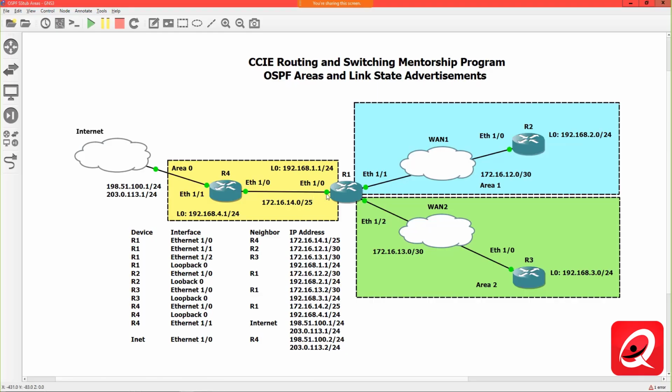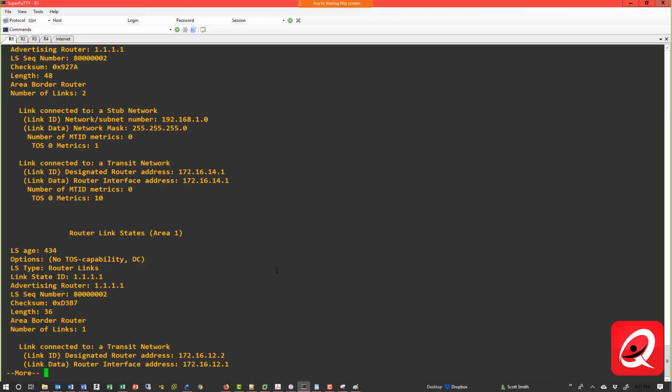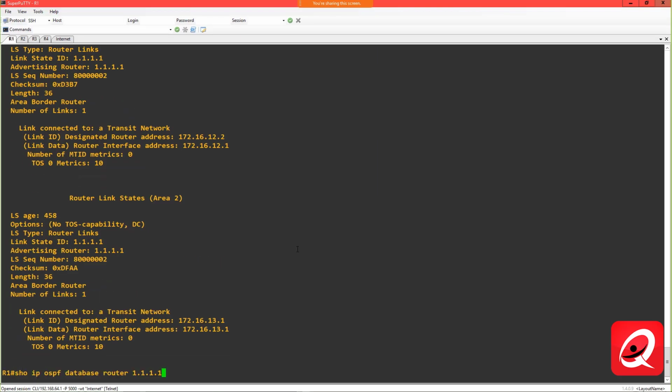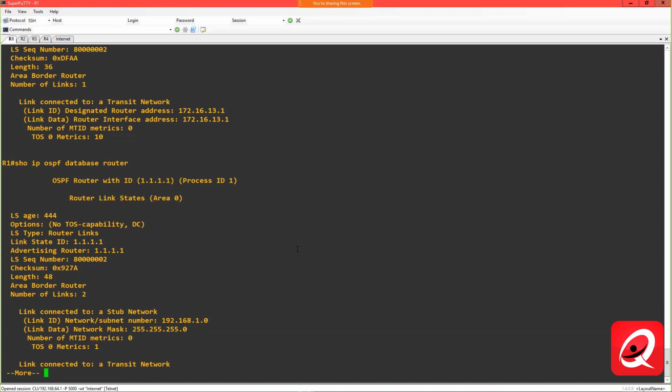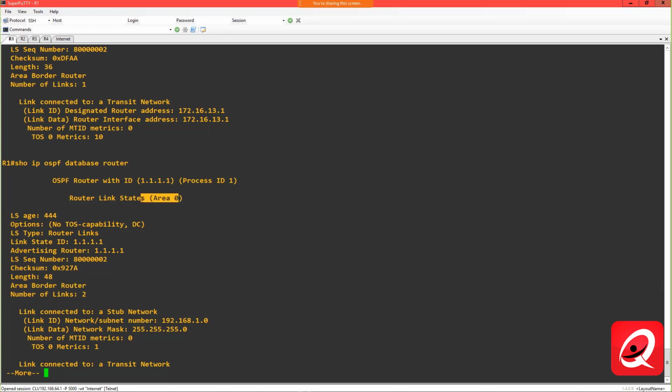And router 1 is an ABR. So one of the things that I would be able to identify based on these LSAs is whether or not this router is an ABR, number one, and we can see that listed here. It is an area border router for this particular area.